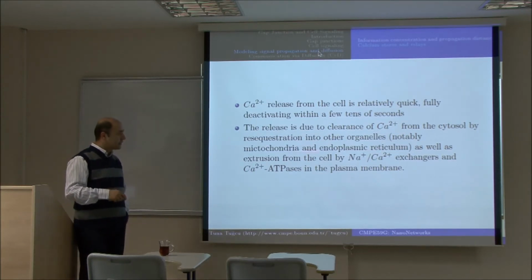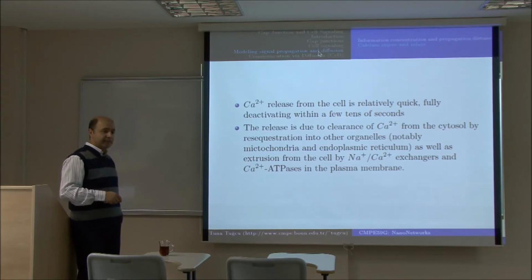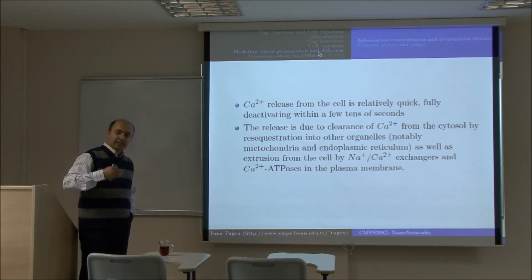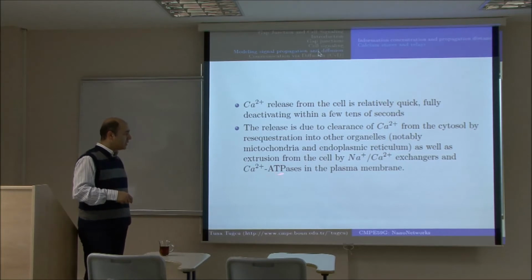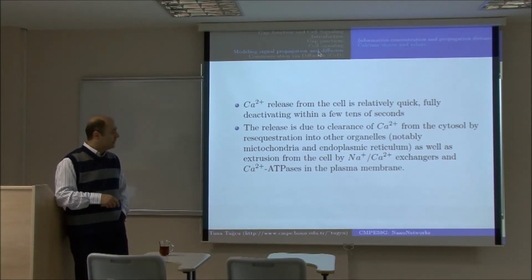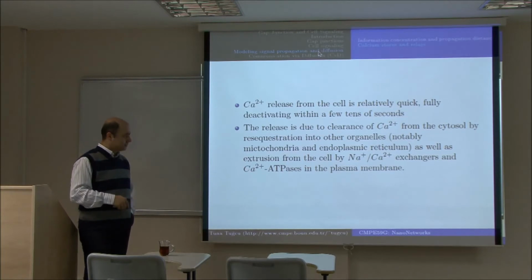These serve as the calcium pools. You also get rid of calcium ions inside the cell by pumping them out of the cell, using calcium and sodium exchangers, and also the calcium ATPases.